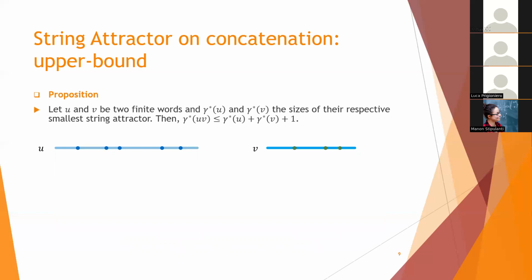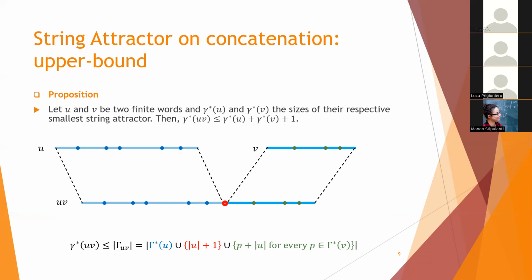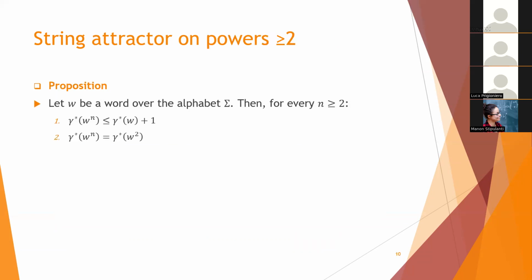This is because if we keep the relative positions with respect to the concatenation, then we are certain to cover all the factors within U and V, and we add just one position in order to cover those in between.